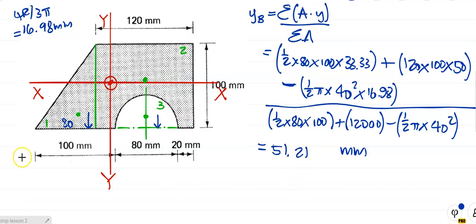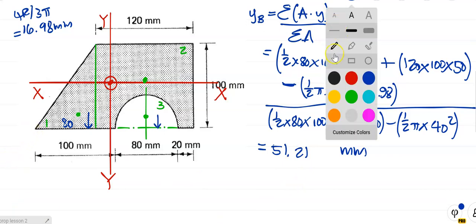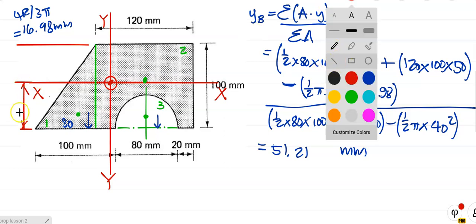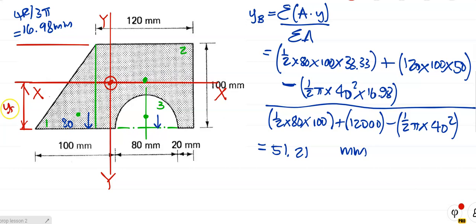That means that the distance from the bottom to the x-axis, y bottom, is equal to 51.21 millimeters.